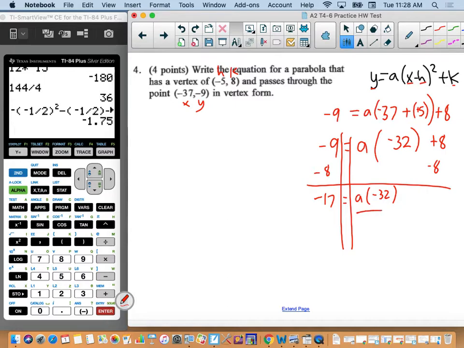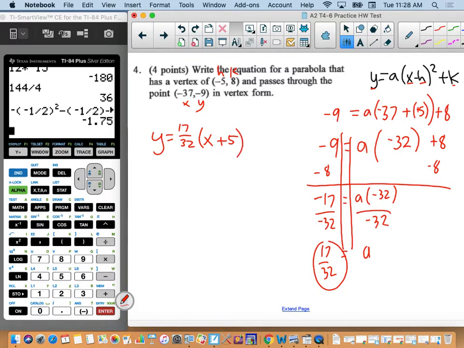And then dividing by negative 32, because that's being multiplied. And a negative divided by a negative is a positive. So there's your a value. Now I can write the equation. It's a times x minus h. So minus negative 5 becomes plus 5. The quantity squared plus k.